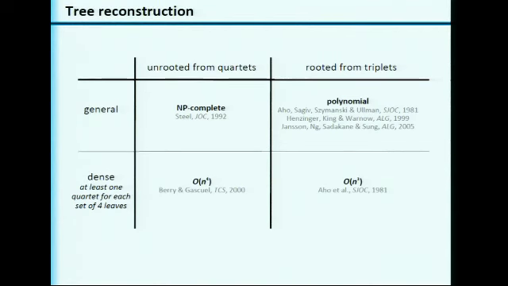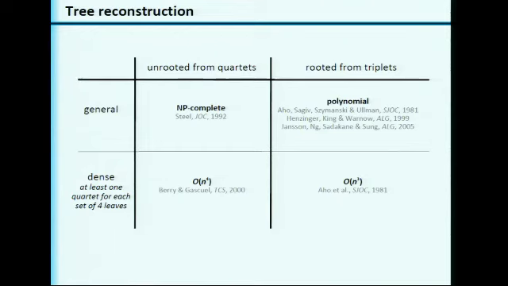So now let's go to the reconstruction of trees or networks from quartets and triplets. You see that there is an interesting dichotomy here, because in the general case it's NP-complete to reconstruct an unrooted tree from quartets, whereas it's polynomial for triplets.